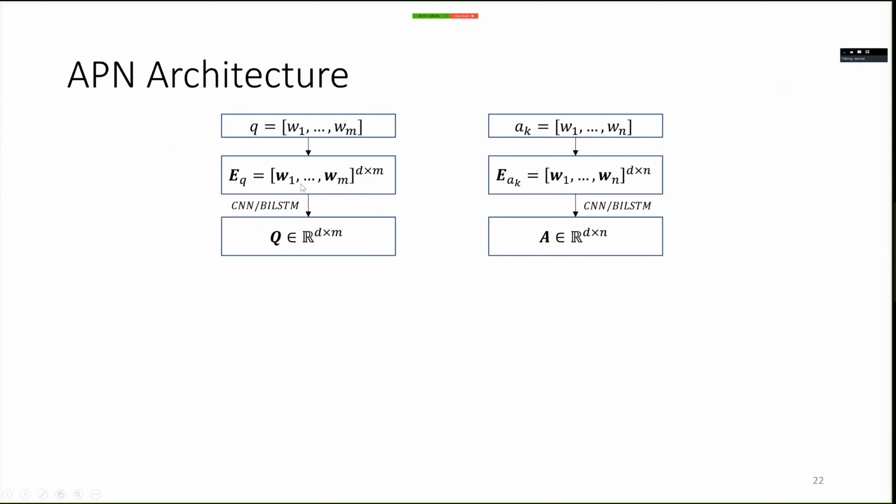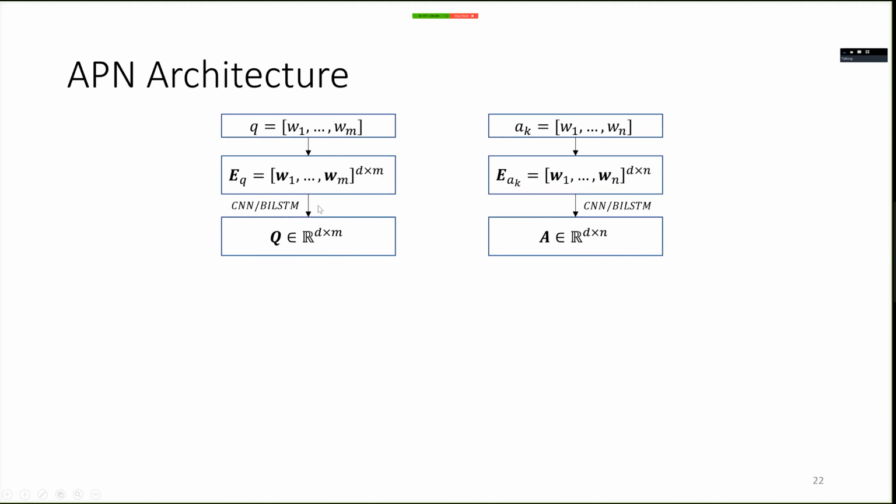We start here from the top. We have a question Q, represented as M number of words, and we have the candidate answer A, which is represented by N number of words. Both of them, in parallel, go through an embedding layer and then an LSTM layer, as you can see here.